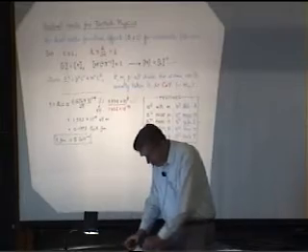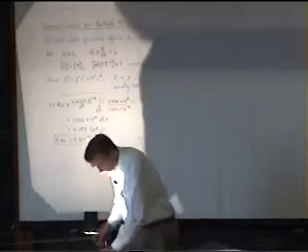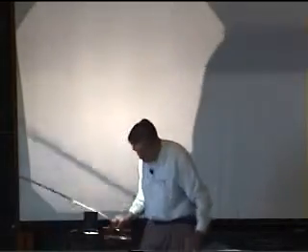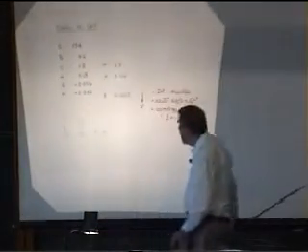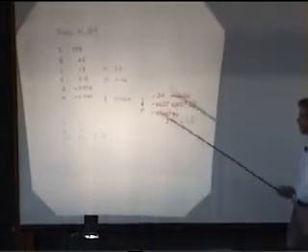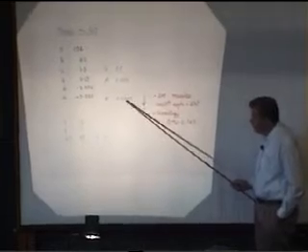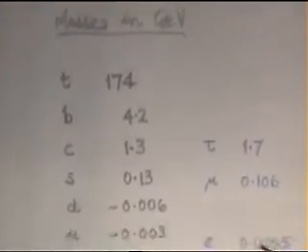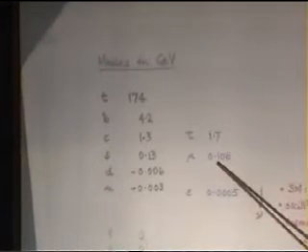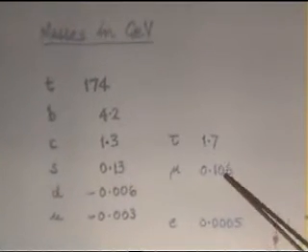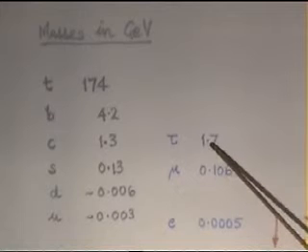So what are the masses of these particles in our GeV units? The electron mass, which is about half an MeV, in GeV is very, very small. The muon, which is about 100 MeV, is 0.106, and the tau is considerably heavier.